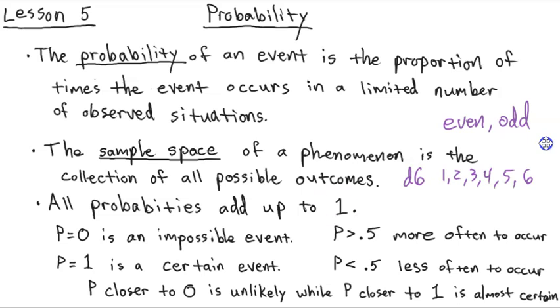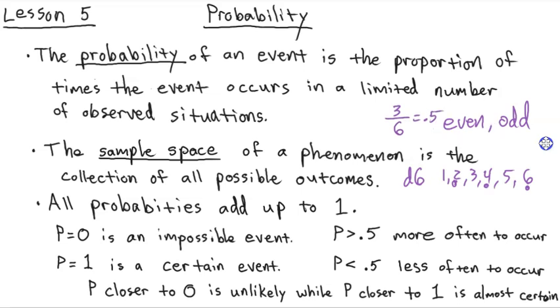So for example, the probability of rolling an even number: 2 is an even number, 4 is an even number, and 6 is an even number. So three of these events are the outcome even number, and the total number of events is 6. So there's a 3 out of 6 chance, which is 0.5, that's 1/2, that we're going to get an even number.